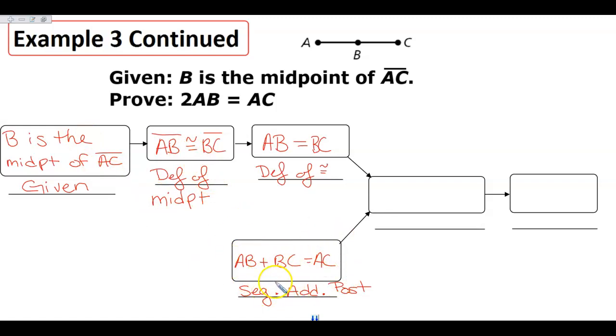Segment addition is its own standalone, so it gets its own line. Now, I use both of these steps together to do my substitution to get that AB plus AB is equal to AC. So again, we substituted that in. And now this tells me that 2AB is equal to AC. And again, that is either combining like terms or we can say simplify. I will take either one.